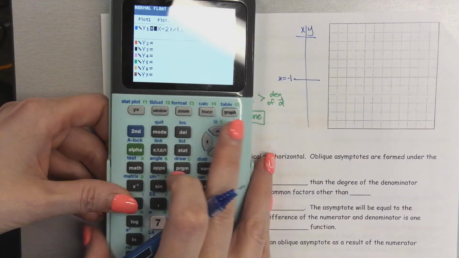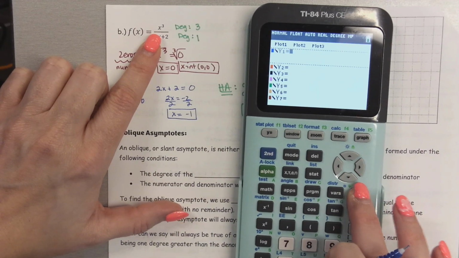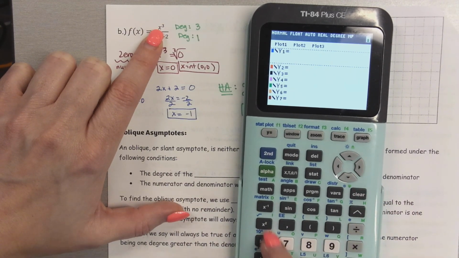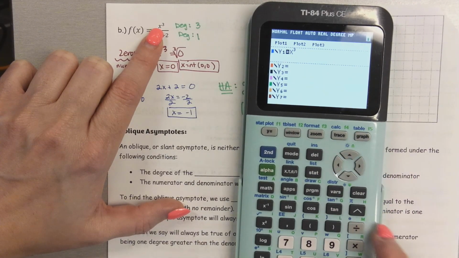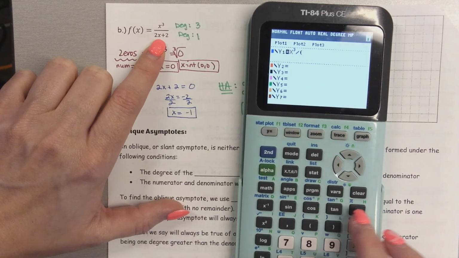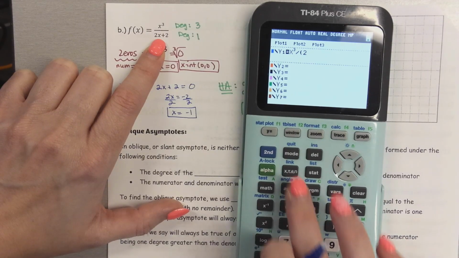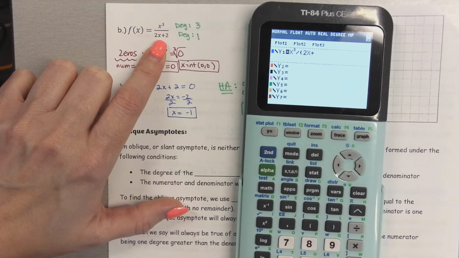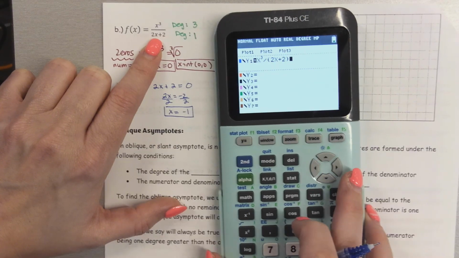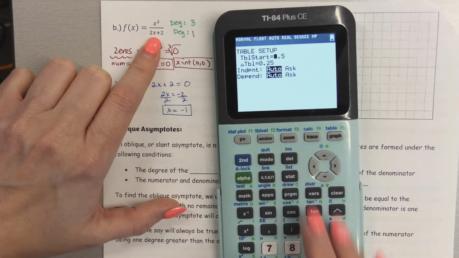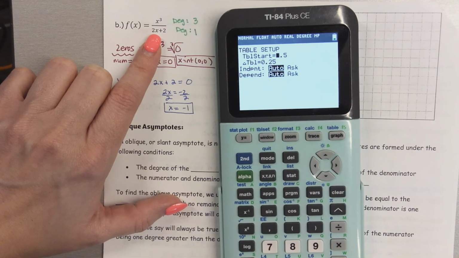If it's just one term, nothing added or subtracted, then you can leave it without your parentheses, okay? But if you have a binomial or greater, you are going to have to put parentheses in there. All right, and then we can look at our table set.